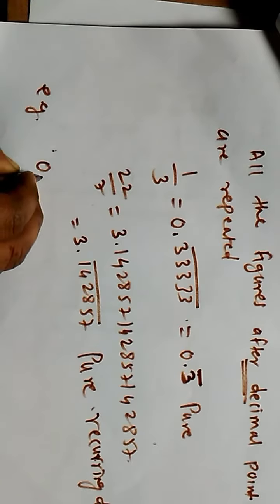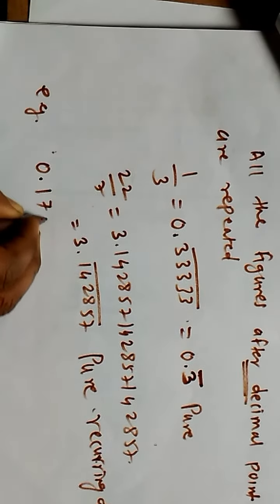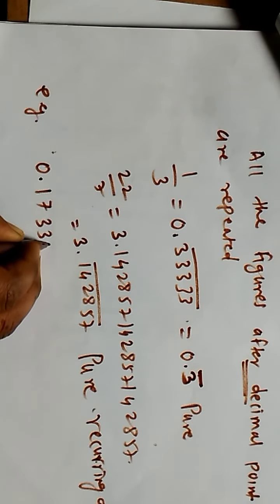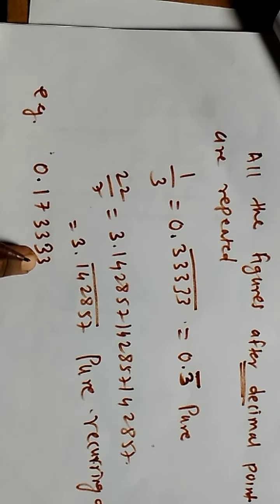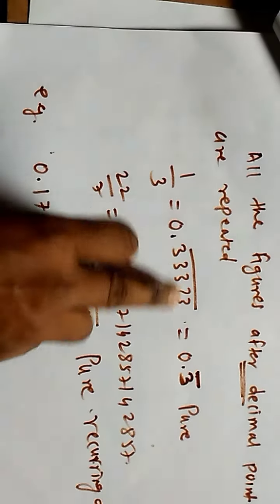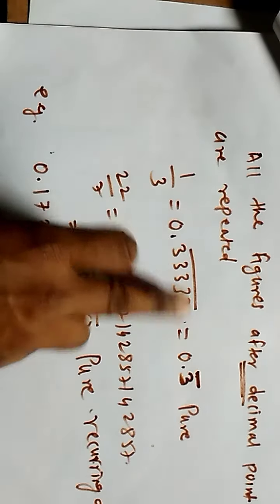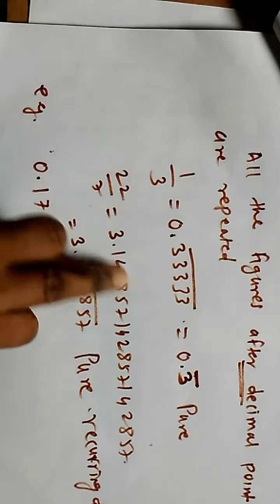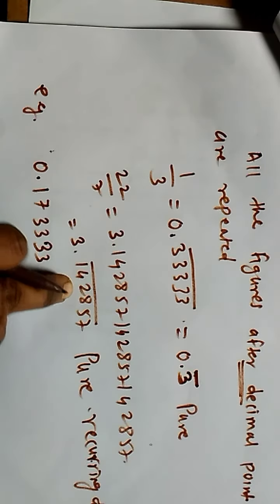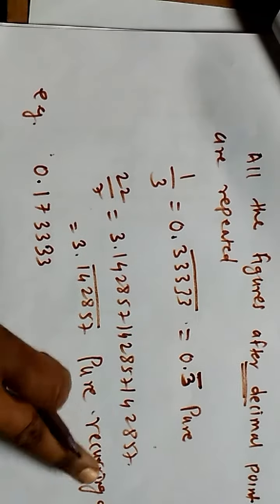Suppose 1.1733, with 33 repeated. After the decimal point, only some numbers are repeated, not all the numbers. For this one, all numbers are repeated, that is 333 repeated. For this one, 142857, this set of numbers is repeated, therefore this is known as pure recurring decimal.